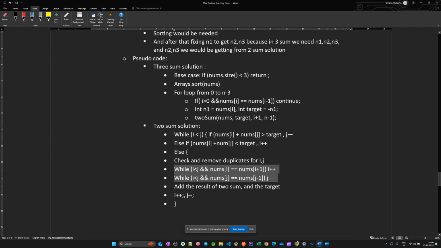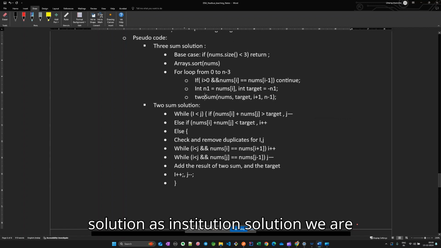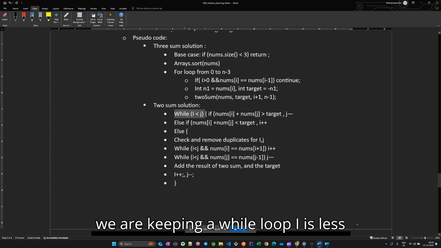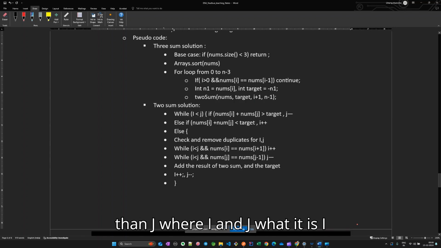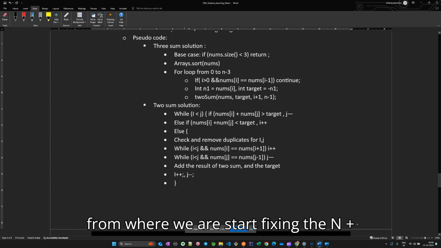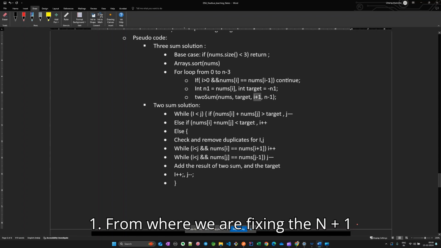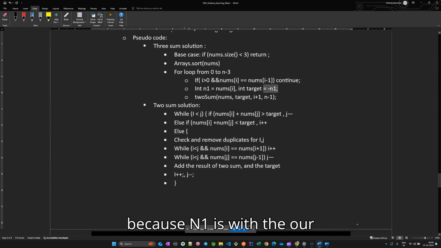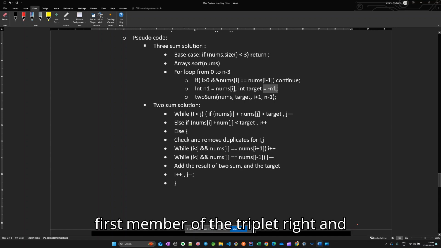So here we are calling the two sum solution, and in it we are keeping a while loop with i less than j, where i and j are the numbers we start from: we start from the fixed n plus 1, because n1 is the first member of the triplet, right?